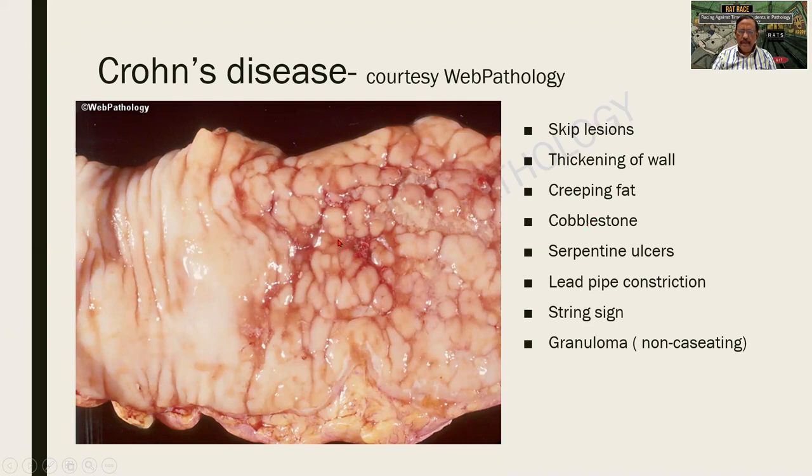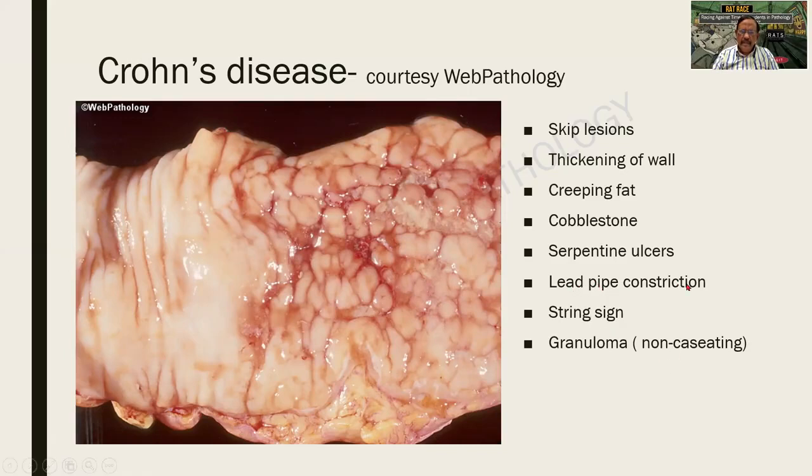And in between, there is an area of congestion, and these are slender, snake-like, and are called serpentine ulcers. This involves the entire thickness of the wall, as a result of which it becomes narrowed down and develops a lead pipe-like rigidity.